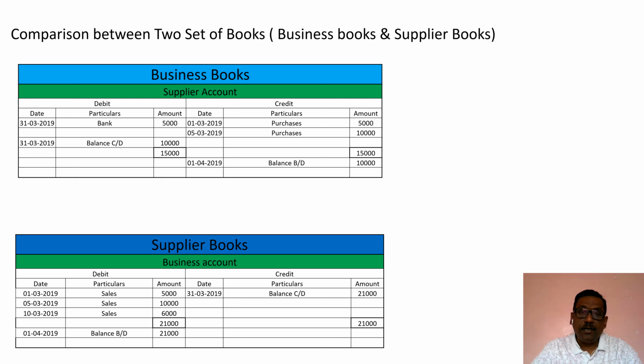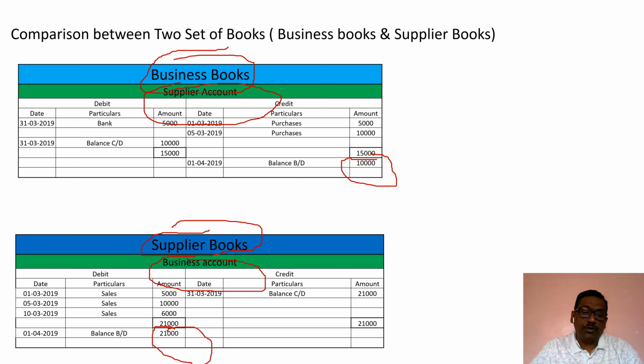So if you see here, in business books, I have the supplier account, and in supplier books, I have the business account. The supplier account balance is showing 10,000 here. In supplier books, my account is showing 21,000 as the balance. This is the comparison I am doing.